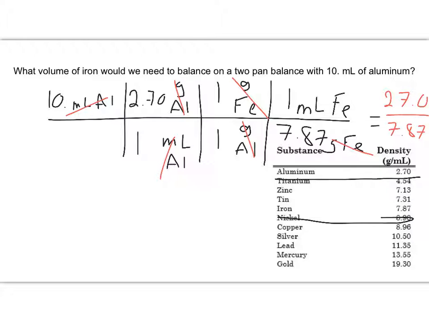And when we actually take 27 divided by 7.87, we end up with an answer which is 3.4307. And our units, as we said before, are going to be milliliters of iron.